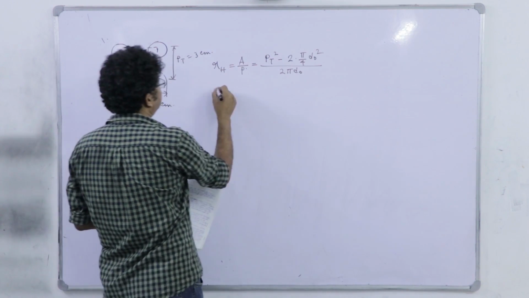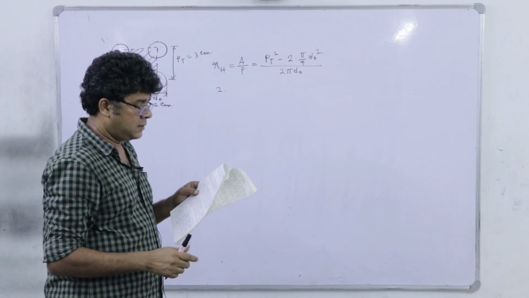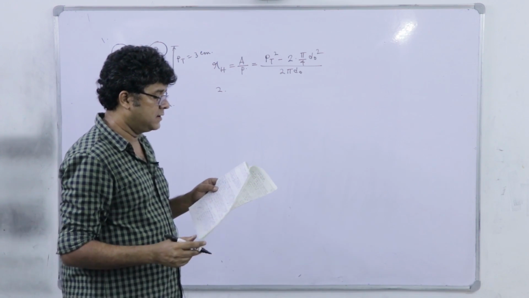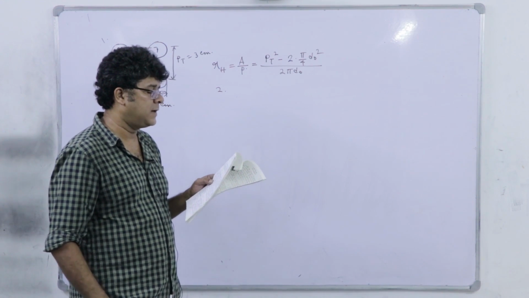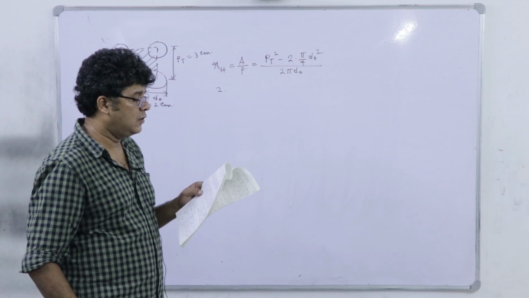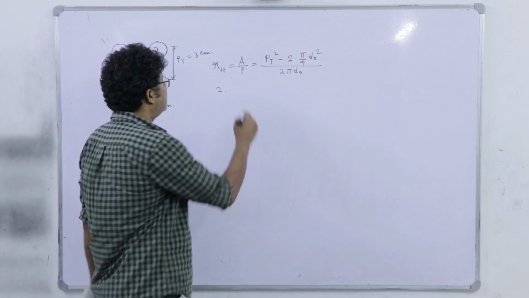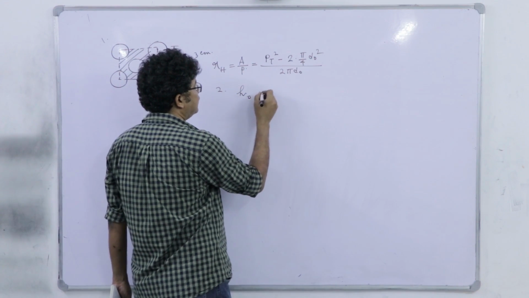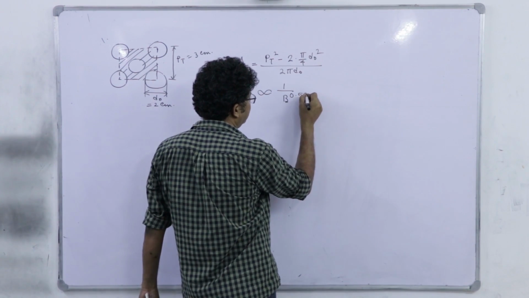This is the first question. Second question. In a shell and tube heat exchanger, the baffle spacing is increased by 4 times, keeping all the other parameters unchanged. The ratio of new shell side heat transfer coefficient to old one. We have already discussed HO from the Carnot's formula is 1 divided by B to the power 0.55.